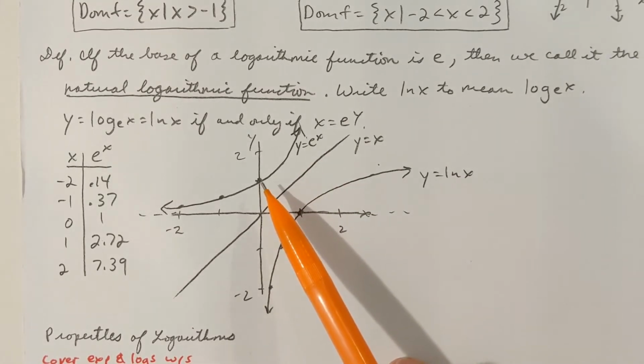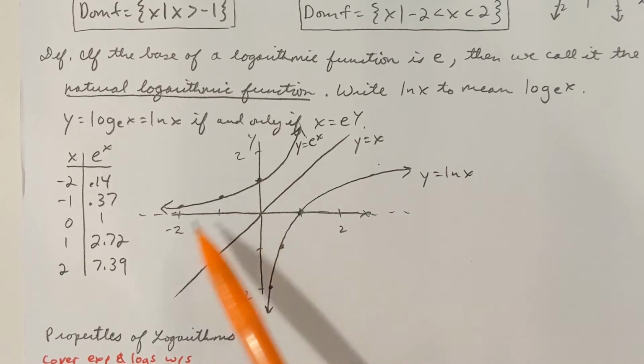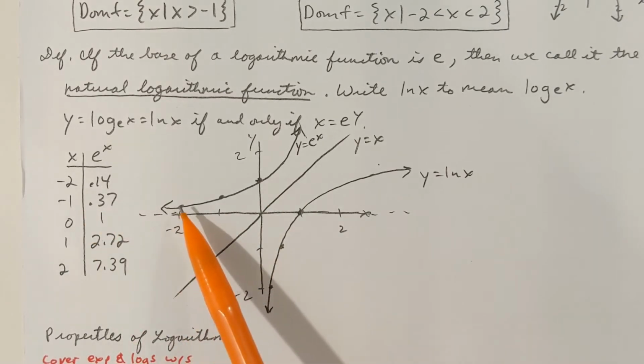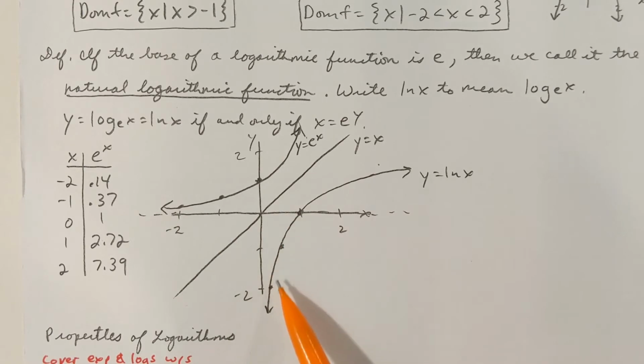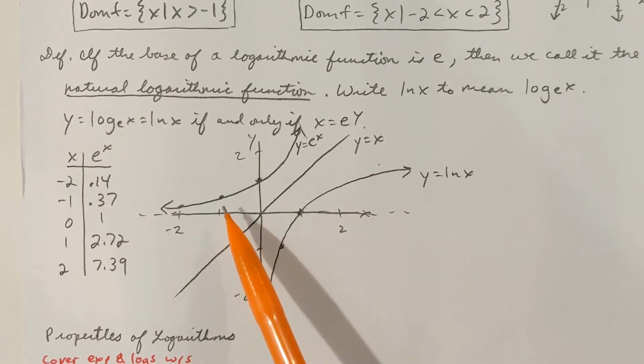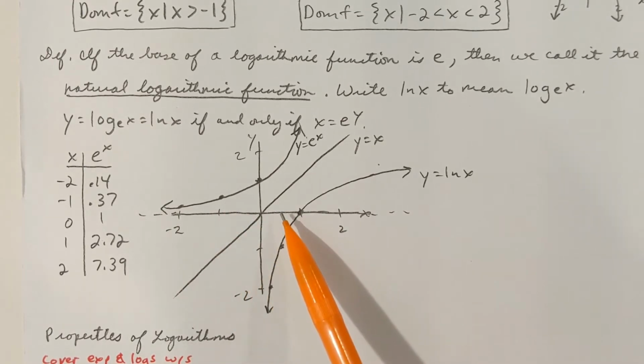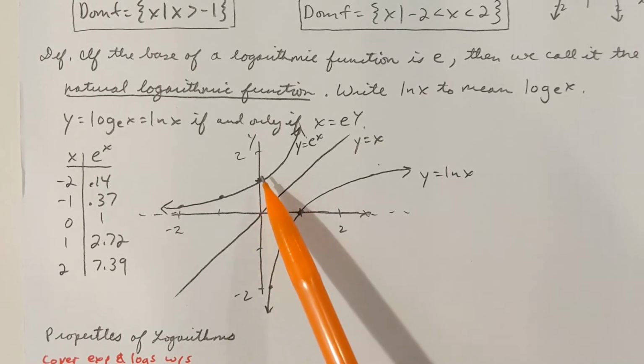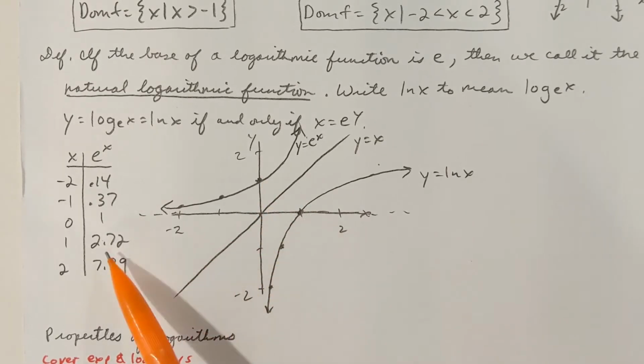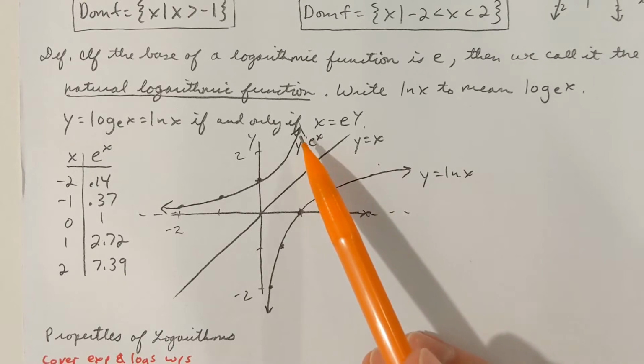That's what I'm going to do next. I'm going to switch all the coordinates on these points. Here's negative 2, 0.14, that's going to be at 0.14, negative 2. Negative 1, 0.37, that'll be at 0.37, negative 1. 0, 1 will be at 1, 0. 1, e would be about right here.